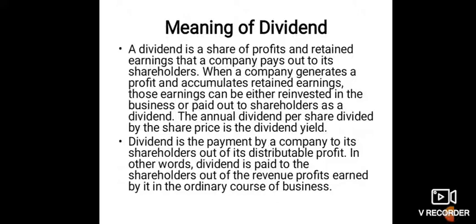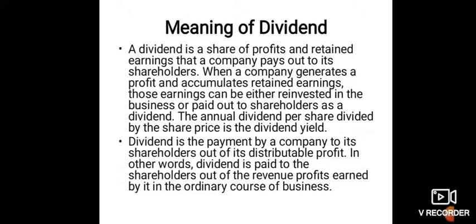That is, a dividend is one kind of payment, or what we can call a perk or additional benefit, paid out of its distributable profit. In other words, a dividend is paid to the shareholders out of the revenue profits earned by the company in the ordinary course of business.